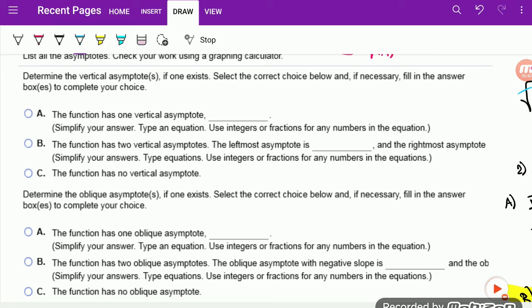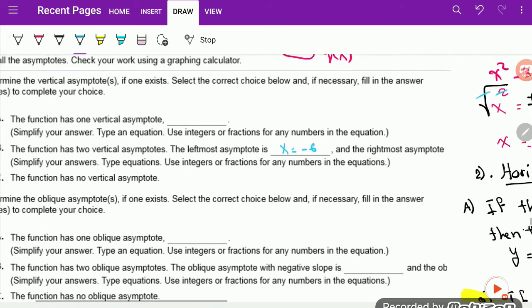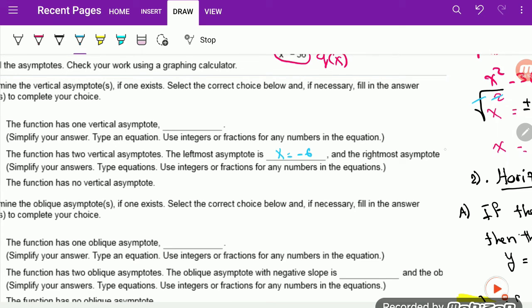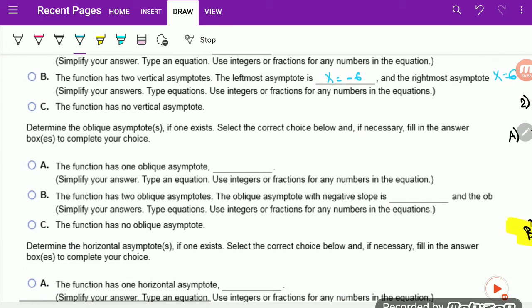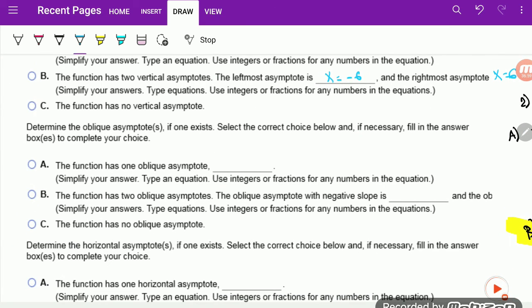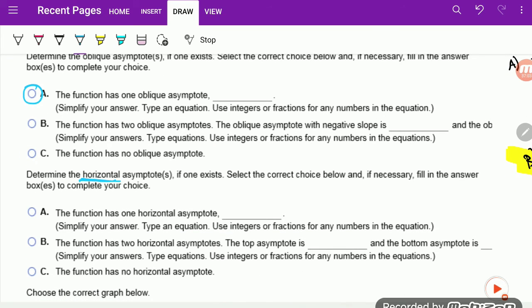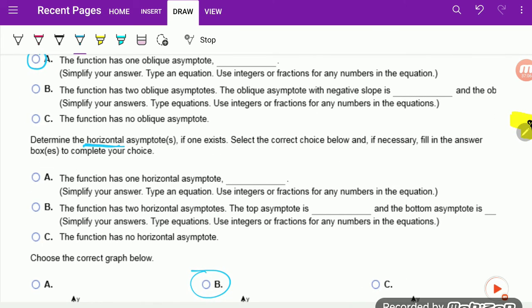The function has two vertical asymptotes: the left one is x equals negative 6 and the other is x equals positive 6. Determine the oblique asymptotes: we don't have an oblique asymptote, because we do have a horizontal asymptote. The function has one horizontal asymptote: correct, y equals 0. Perfect.